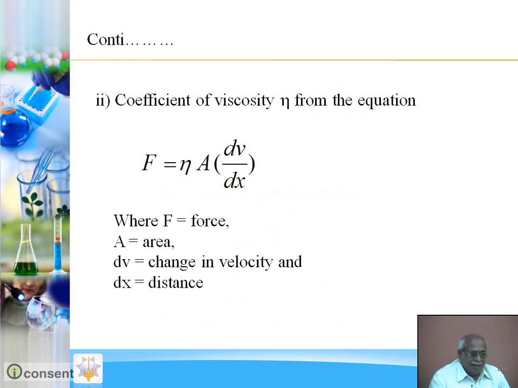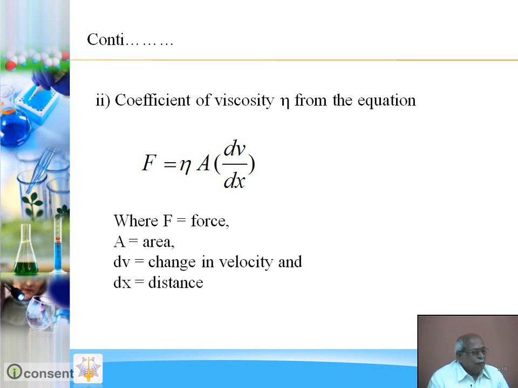In the same way, by using the same method, you can obtain the unit of coefficient of viscosity denoted by eta, Greek letter eta. For that, we are given the equation F equal to eta A dV by dx. Once again, for the time being, don't bother what coefficient of viscosity is. You will learn it in the advanced class. Here our concern is whether you can obtain the unit or not, whether you can handle units.